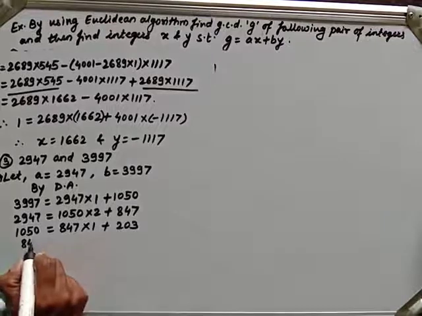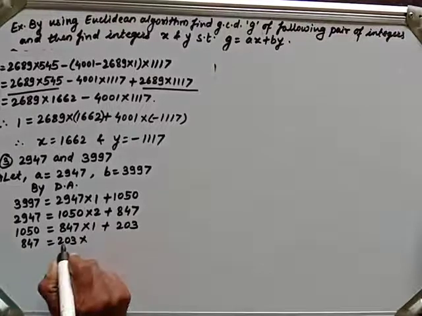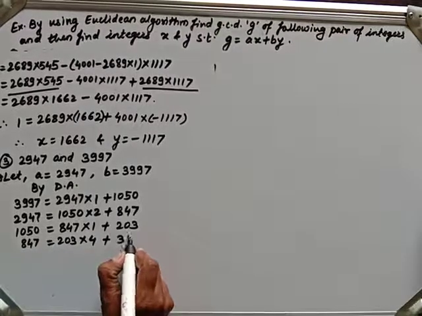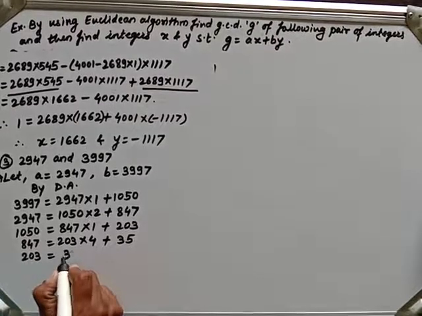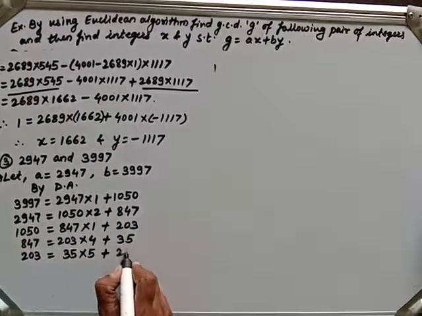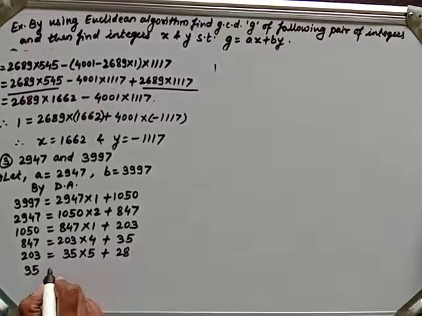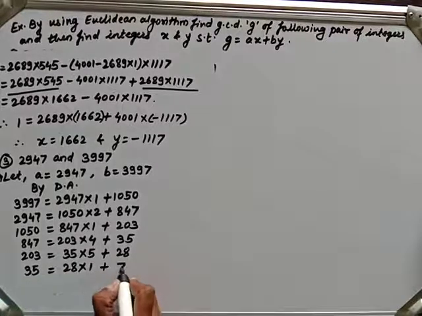Again 847 is a dividend, 203 is a divisor, so here we get 4, and the remainder will be 35. Again 203 is a dividend, 35 is a divisor, so we get the quotient 5 plus 28. So again 35 will be dividend, 28 is a divisor, into 1 plus 7.